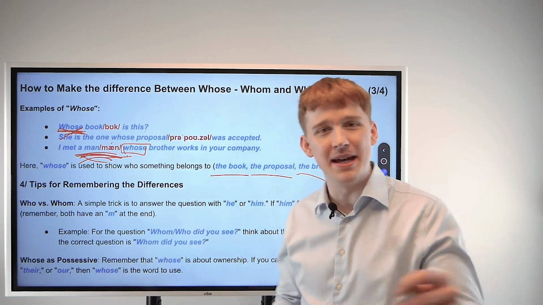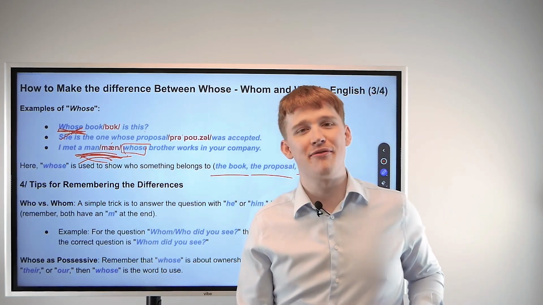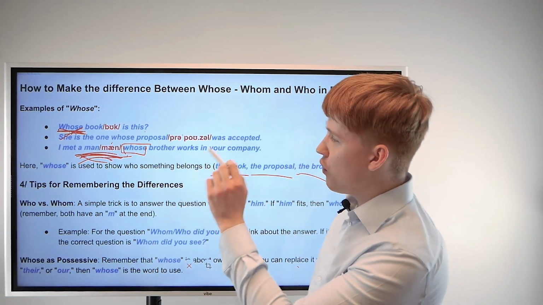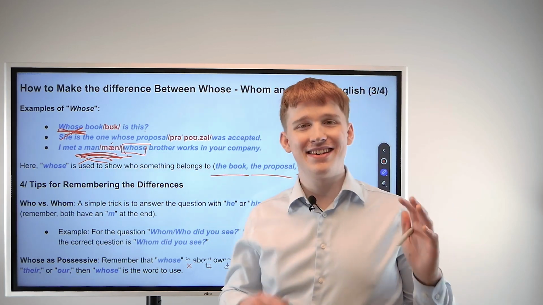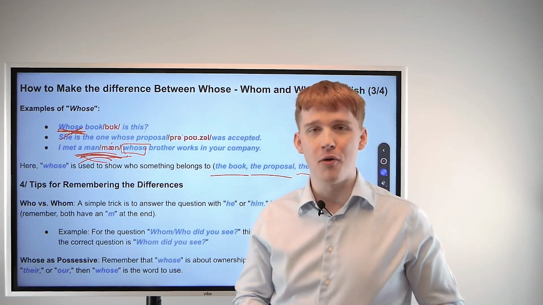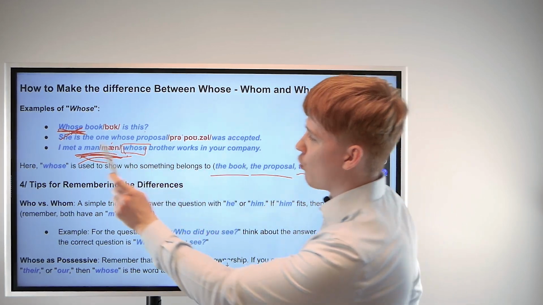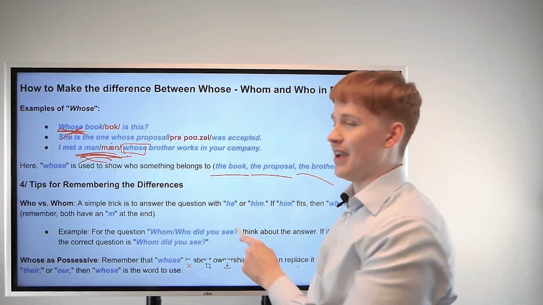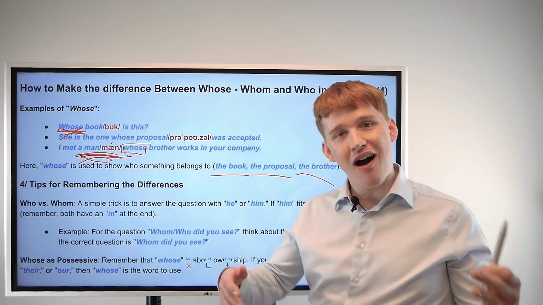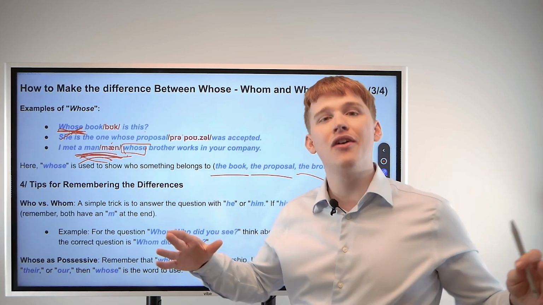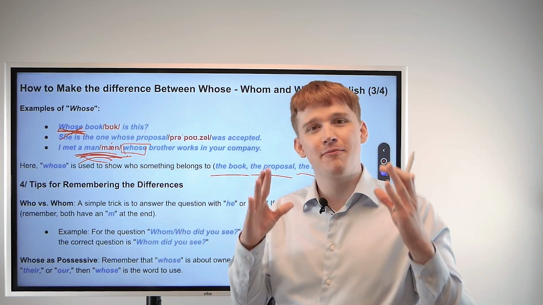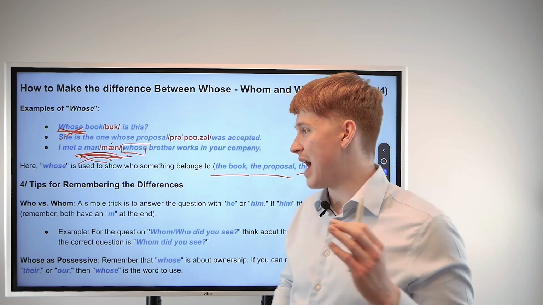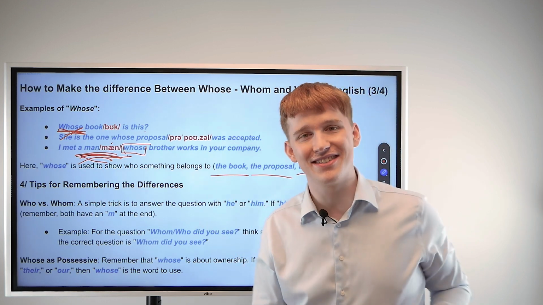Now we have some tips on how to remember the differences between who and whom. And these are some good tips for you to remember. So remember that when we have who, you can replace it with he or she or I, you, they, any of these subject pronouns here, you see. You can add this as the subject of a sentence.